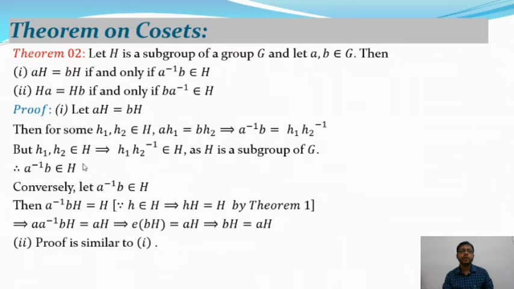But h1, h2 belong to H, and H is a subgroup of G, so h1 h2 inverse belongs to H, and this is one of the properties of a subgroup.